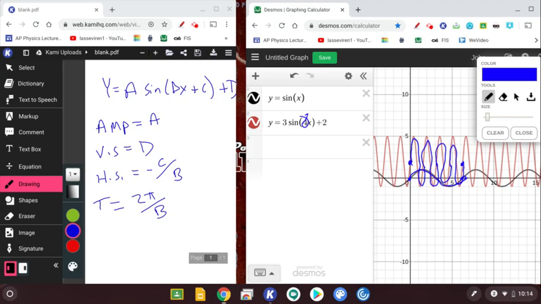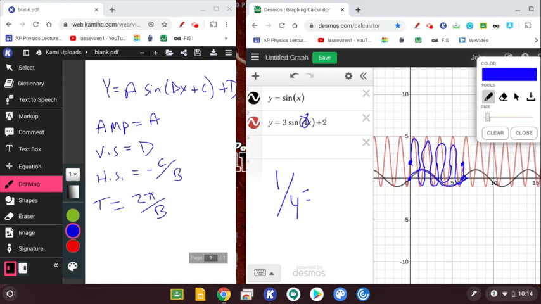Two ways of thinking about this: the number, the 4, tells you how many times it goes up and down in the same period. So it goes up and down 4 times to 1 of the original graph. Or another way of thinking about it is you can do the inverse of it, 1 over 4, that it takes 1/4 of the time to do one oscillation. Either way you want to think about that.